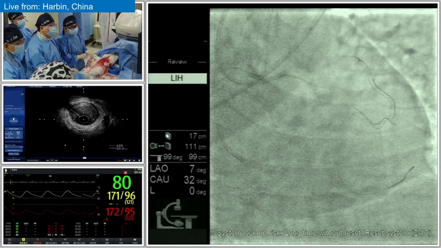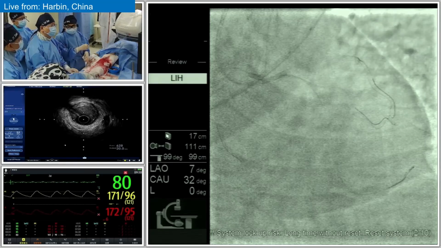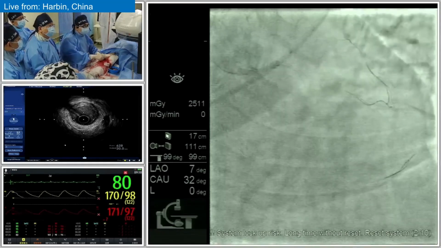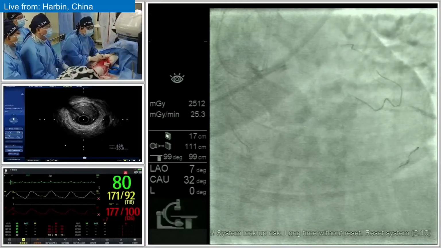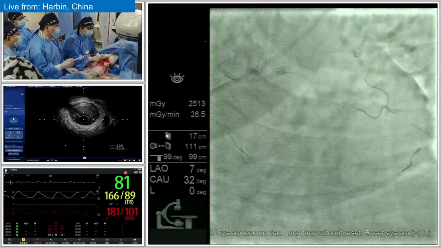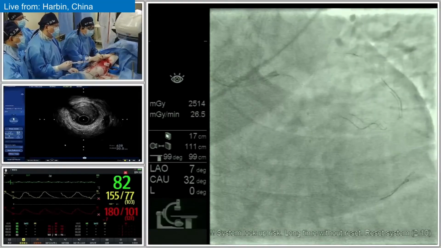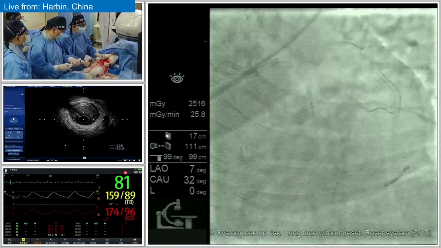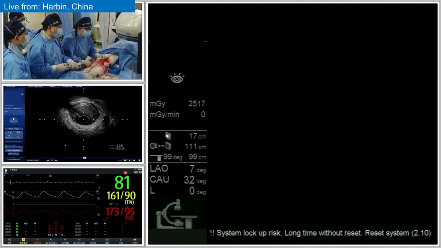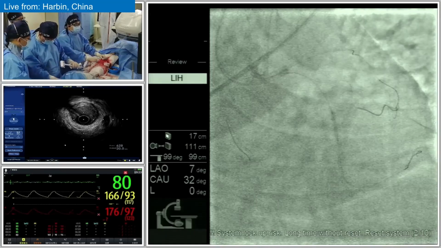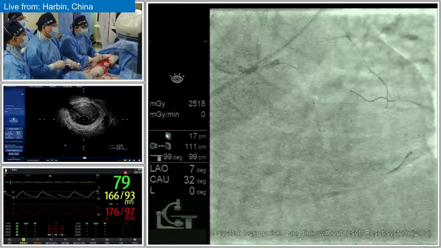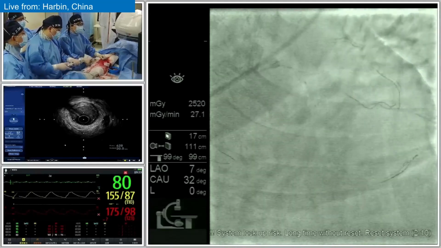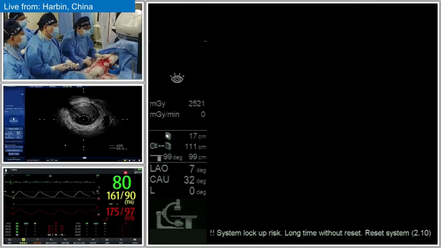Another technique is IVUS imaging to confirm the location of the distal wire. But it can cause extension of the dissection and may induce a large hematoma. So while we perform the tip injection, we have to be very careful. If it's in the subintimal space, it may aggravate the dissection. If it's outside of the vessel architecture, it may increase the perforation.